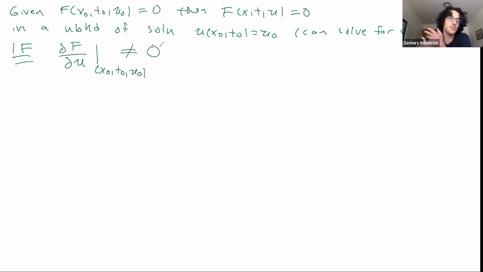This is just a statement of what's called the implicit function theorem. I can't have the derivative of my function defining this implicit function of u have a 0 derivative in that unknown function u, if I'm to be able to invert it.